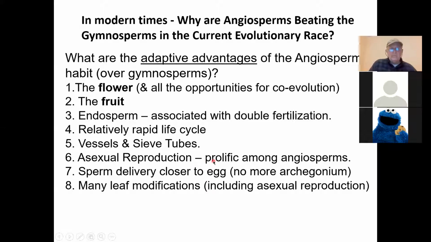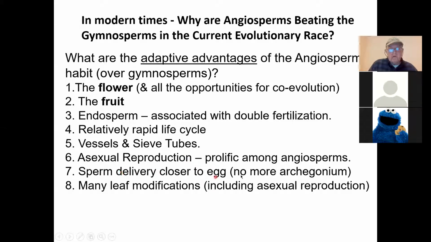You can proliferate asexually when times are tough, and sexual reproduction requires more energy. It's sort of a joke, but it does. Sexual reproduction is more difficult to accomplish, especially if you're separate, male and female, and you're miles apart. But if you can proliferate asexually, then you have an advantage.